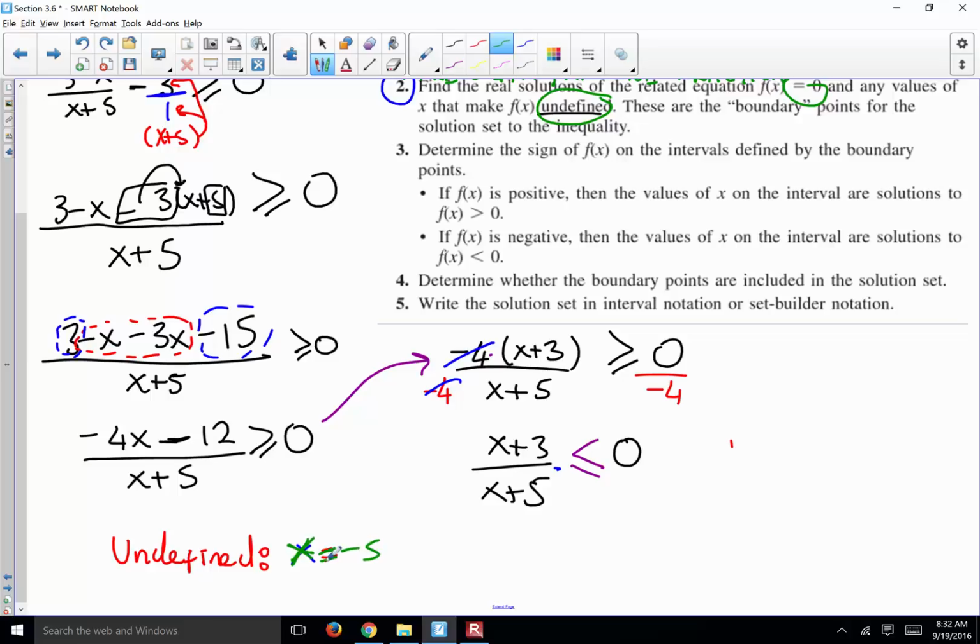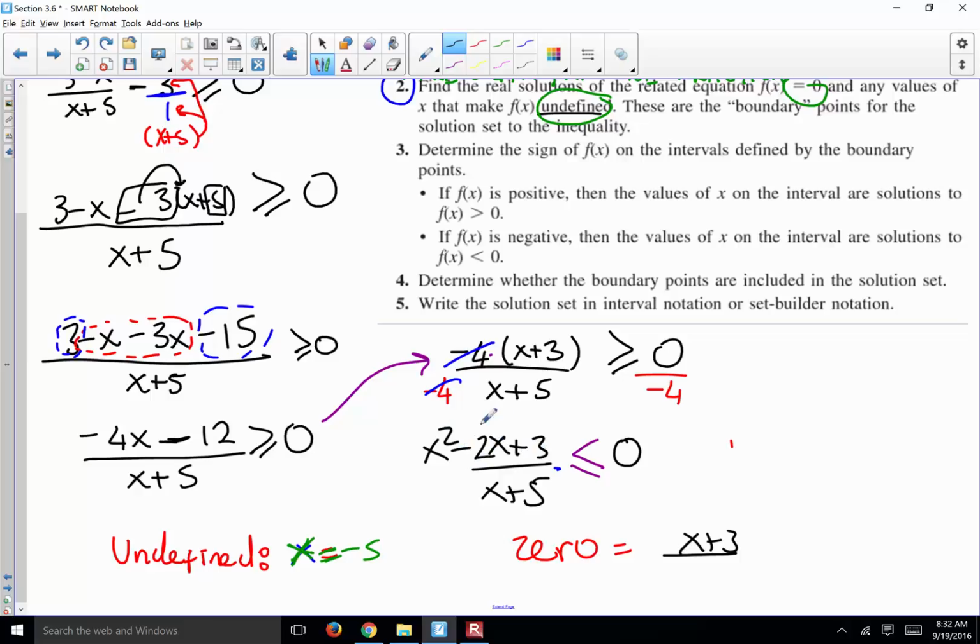Okay, what are the values that make the entire function f of x zero? When does this become 0? Actually, it's easy to predict on this question because it's so simple, but sometimes you may have more and more stuff on the top.